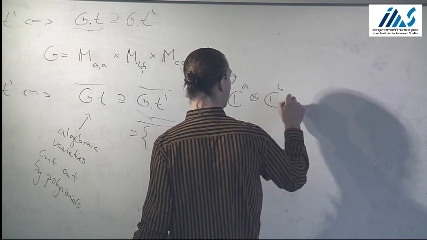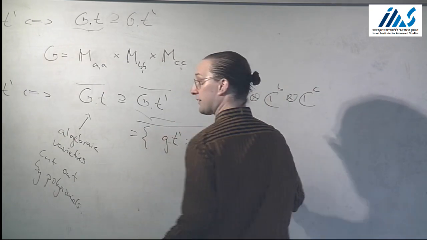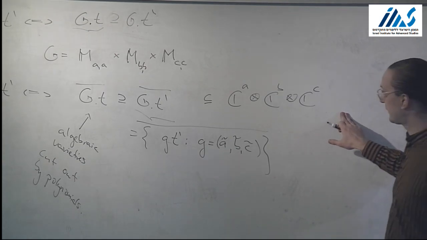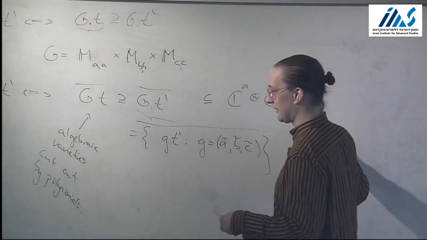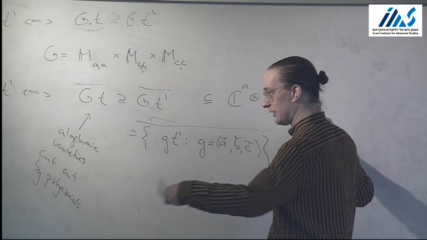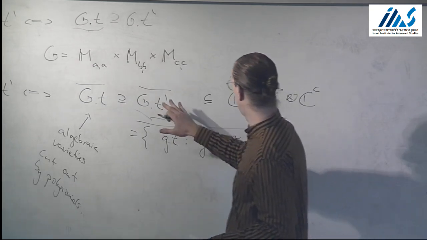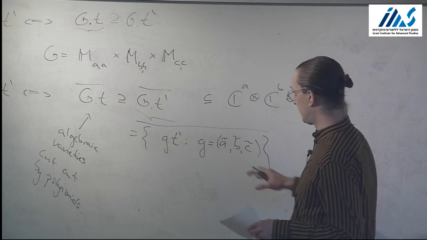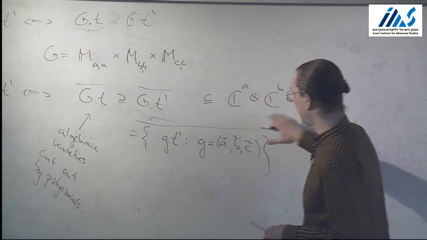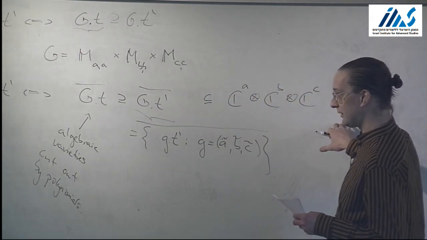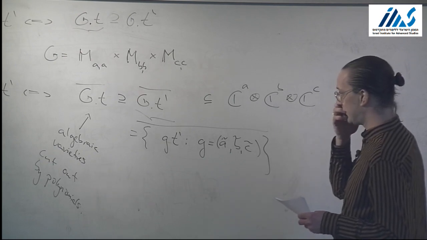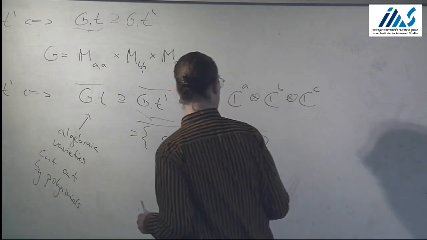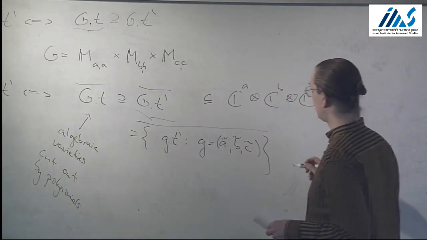This is a subset of this tensor space, and as a subset of that tensor space, I can take its closure, just a Euclidean closure, right? You take the limits. And then it turns out that if you have such a set sitting in here, this set can be presented as a set of polynomials.